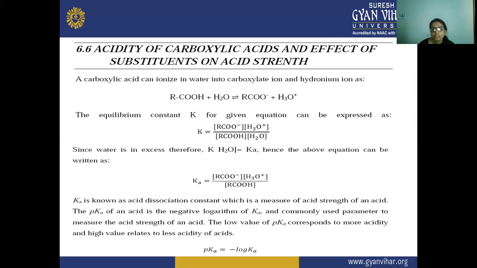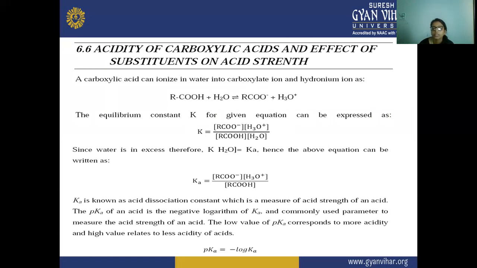So the acidity of this carboxylic acid can be found out by the carboxylic acid, which can ionize in water into carboxylate ion and hydronium ion as RCOOH plus H2O, giving RCOO negative plus H3O positive.